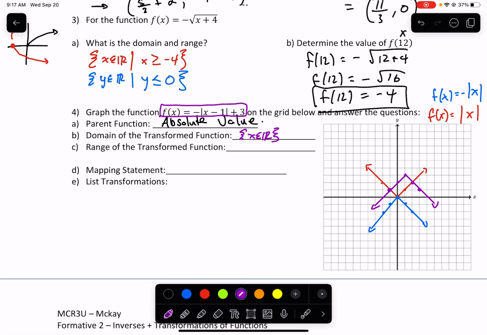Y is a part of the real numbers such that y is greater than or equal to 3. Could you say that one more time, please? No, less than. Yes, very good. It does not go above 3. No part of the graph is up here. So it's a less than or equal to, which is good.